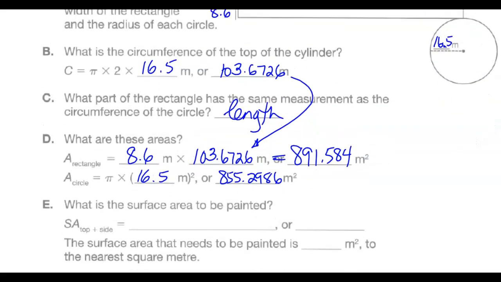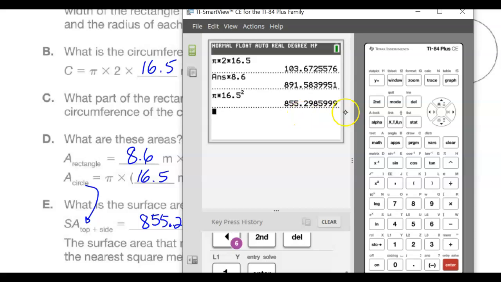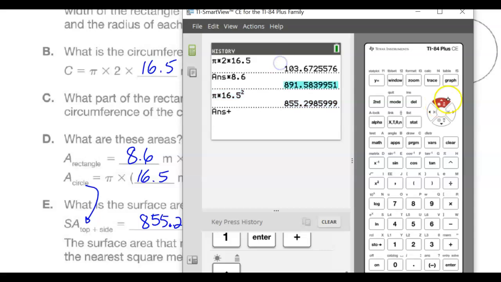So we need the top of the cylinder, no, sorry, the area of this circle, so that's 855.2986 plus the rectangle, 891.584. So you can add those in your calculator. I already have 855 on there, so I can just press plus. On my calculator, I can go up and copy, but if not, you enter what you've recorded.